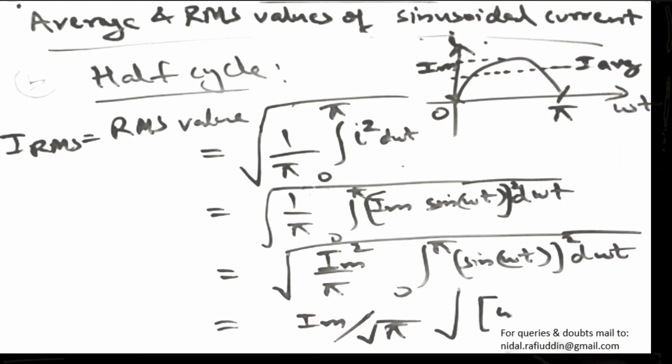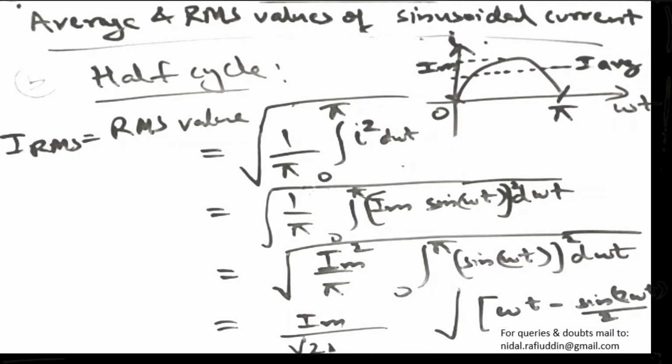So what we got was omega t minus sine 2 omega t divided by 2, and the root 2 was taken outside. So this can be written as Im by under root 2 pi. And then we substitute the limits 0 to pi.